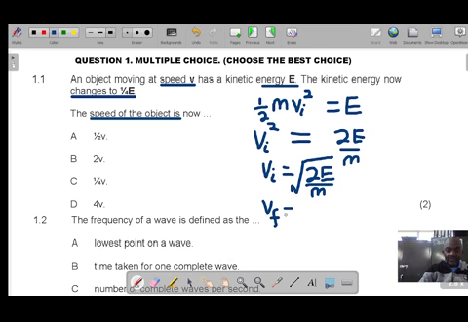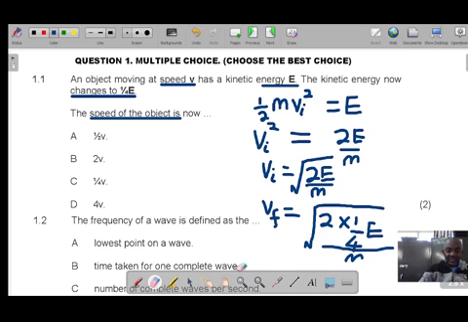So V final equals the square root of 2 multiplied by E, but this time my E is a quarter of E, because they said it changes to a quarter, so it's a quarter here, 1/4, times E, the first kinetic energy, then everything divided by M. Don't forget that this root sign also includes the M, I know some of you might get lost here, so I have to make it longer.